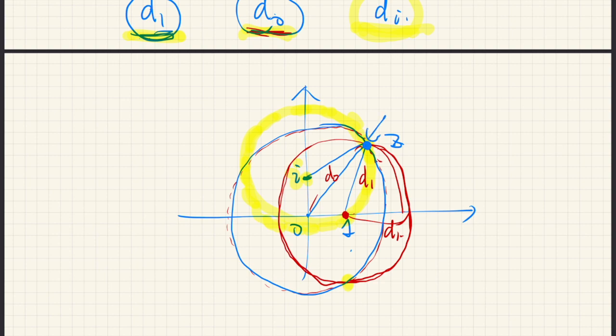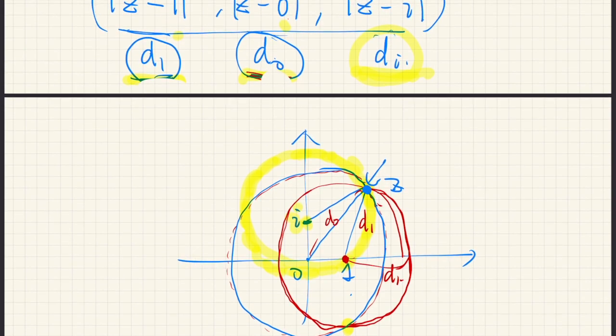No other points can satisfy these 3 constraints at once. So in this sense, 3 distances determine a point in the 2-dimensional space.